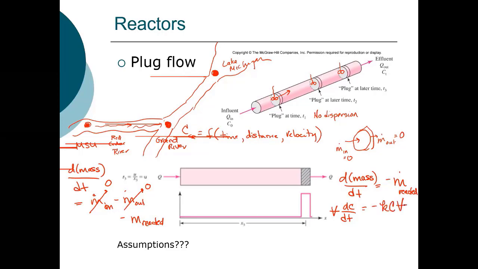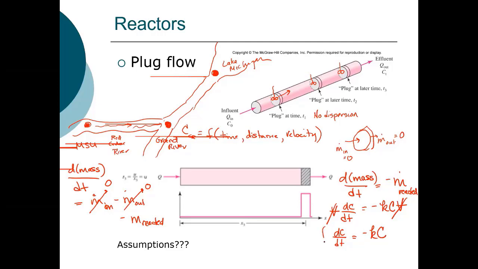C. So think about my parcel. My parcel doesn't change. The volume of my parcel, the volume of my balloon, doesn't change because I have no mass entering or leaving. So volume cancels. And again, I end up with the same expression, dC/dt is equal to minus kC.